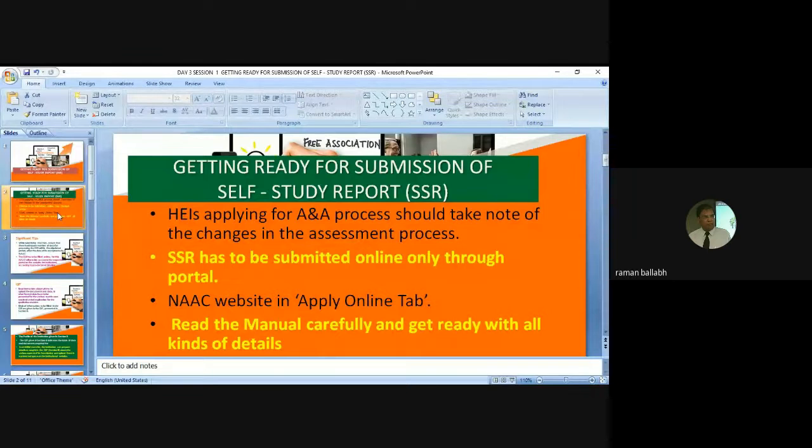It is understood by the NAAC committee and NAAC as a whole that people from technical institutions, engineering colleges, BEd colleges, medical colleges, agriculture colleges, might lack somewhere here and there because they are not tuned for all those things. So all institutions running only management programs need to be very, very careful.